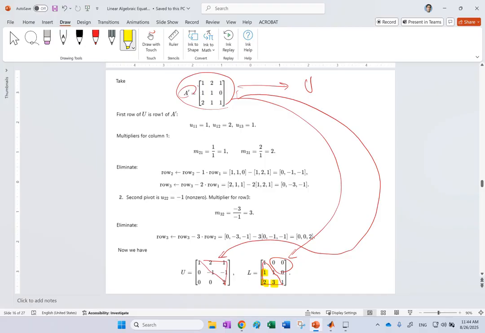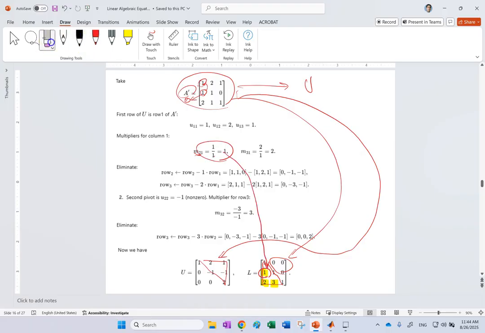For instance, this element 2,1, this 1 here. Where does that come from? It comes from the ratio of this 1 over this 1 when you want to add a multiple of row 1 to row 2 to convert that 1 into a 0. That ratio is 1, so that 1 is going to go and sit right here.